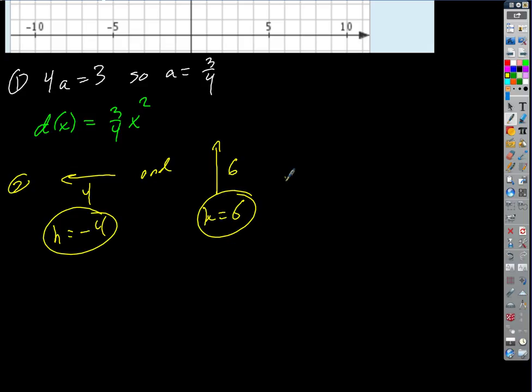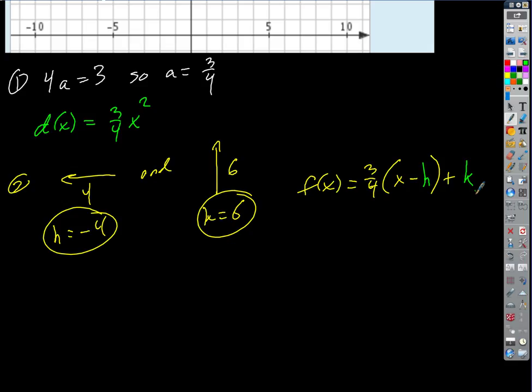So our next step, we'll call it f of x, that's our final answer, is going to be 3/4 times (x minus h) squared plus k. And we're just going to sub those values in, because we want to go left by 4 and up by 6.